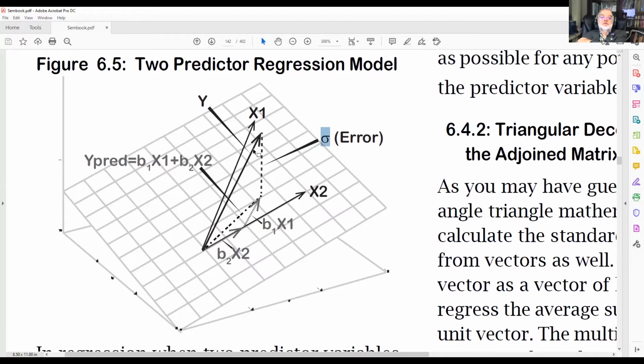Similarly, the angle between y and x1 is the angle from the leftmost vector to the right one. But our adjustment for figuring out what the standard deviation of y predict is the sum of some number that I multiply x2 by to get a new version of x2, and some number that I multiply x1 by to get a new version of x1, such that when I add this plus this, I've got a new vector here, and the endpoint of this vector falls directly underneath the y.